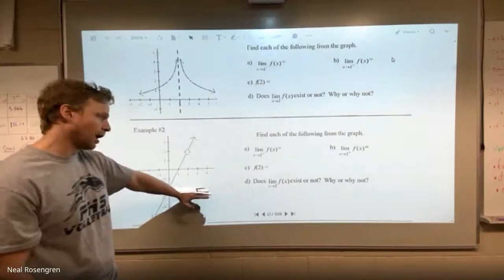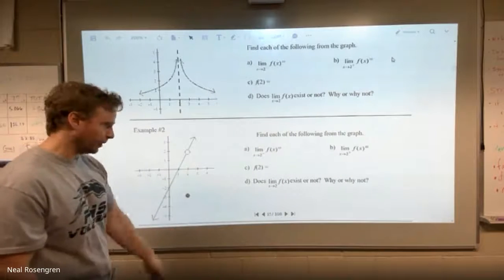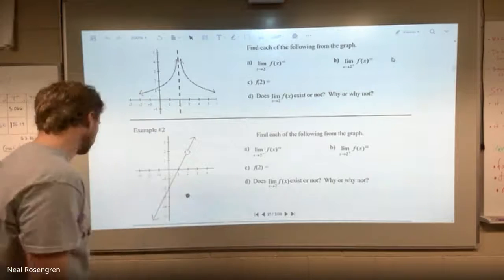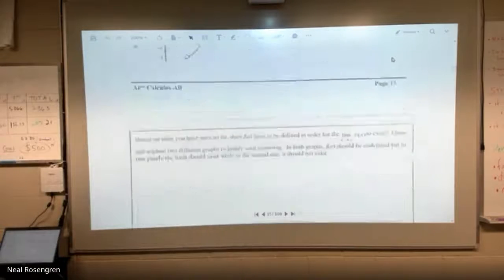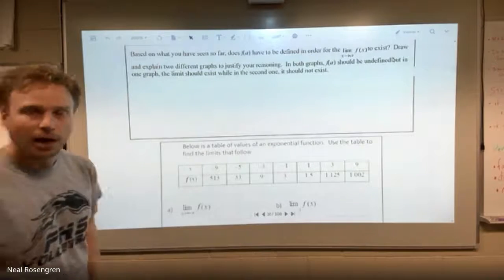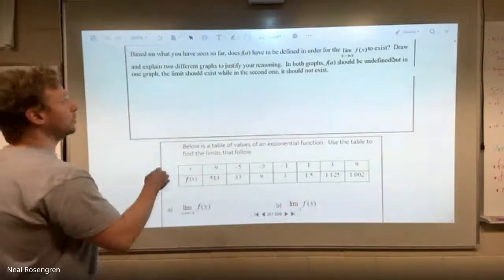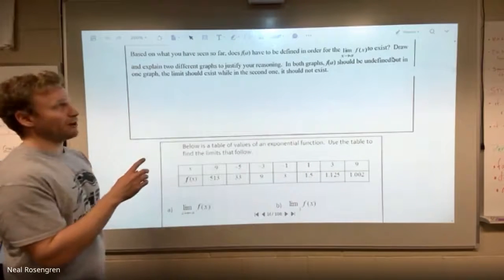It changes obviously f of 2 from being -3 to being undefined, for sure. Big difference there for the value of the function. But we don't have to actually have f of a be defined for that limit to exist. So to answer that first question, does f of a have to be defined?